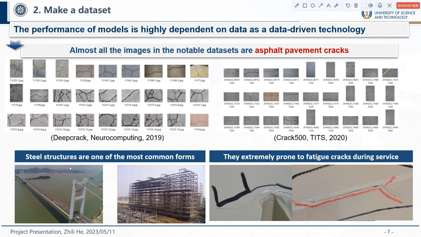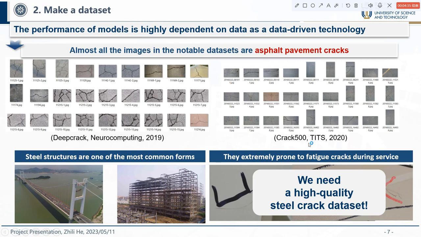However, steel structures are one of the most common forms in civil engineering. For example, this is a steel bridge and this is a steel high-rise building. They are extremely prone to fatigue cracks during surveys. These images are taken from real steel crack structures. So we know that we need a high quality steel crack dataset.